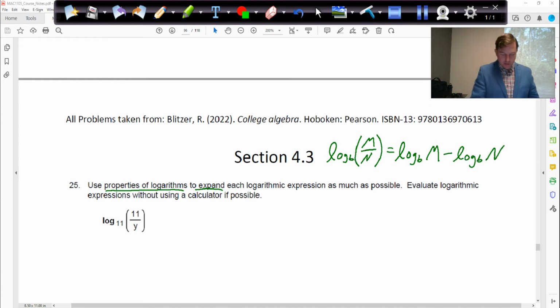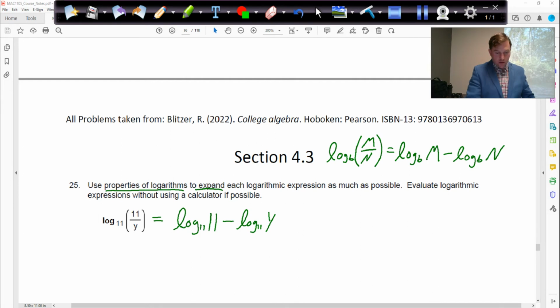So we can take log base 11 of 11 over y and make it into log base 11 of 11, the top thing, minus log base 11 of the bottom thing, y. Notice they each get the exact same base. So log base 11, minus in between, top minus bottom.